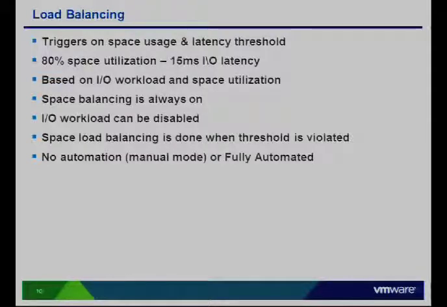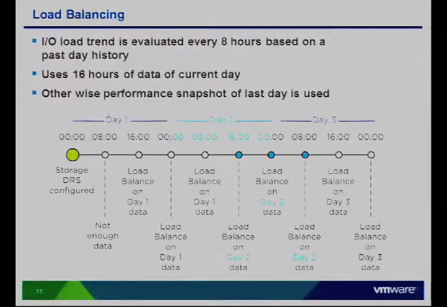Now for I/O load, we have something that's called an invocation period. So every 8 hours, Storage DRS is triggered. Same thing with DRS, that happens every 5 minutes. And it will start to look at the load of your data store cluster.